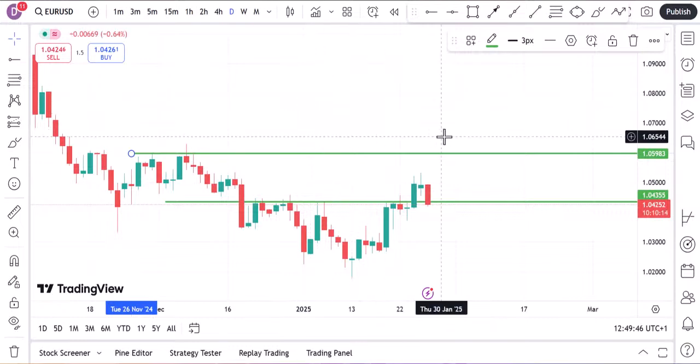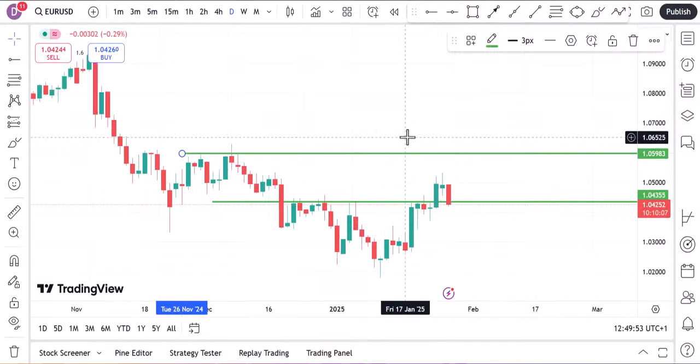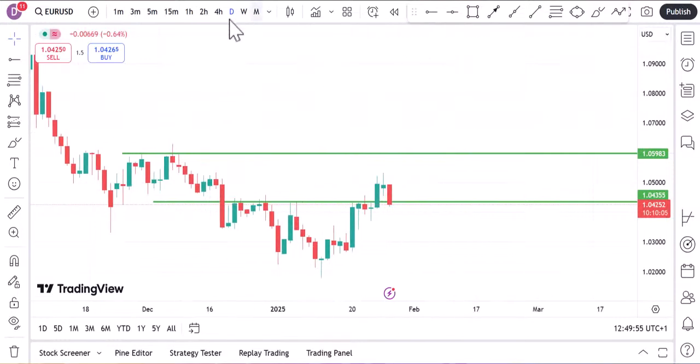The first pair we'll start with this afternoon is Euro USD, and we'll start from daily time frame because we are interested in intraday. And if you look at this market, this structure, there's a supply level here that was taken out around the 1.04355.